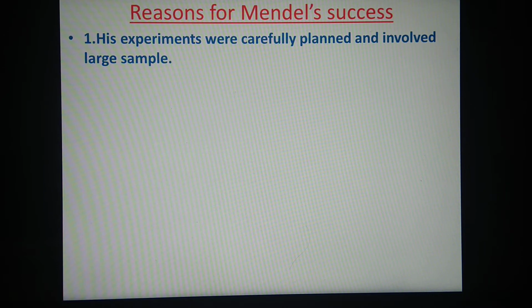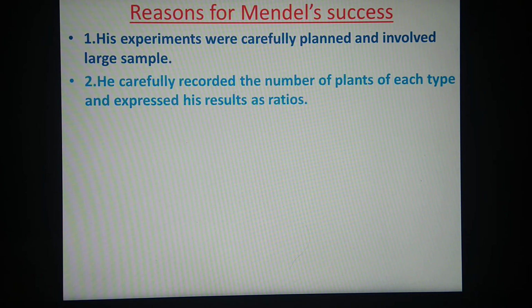That means a large number of seeds were sown and each character was studied very carefully and in a planned manner. Secondly, he carefully recorded the number of plants of each type and expressed his results in ratios.